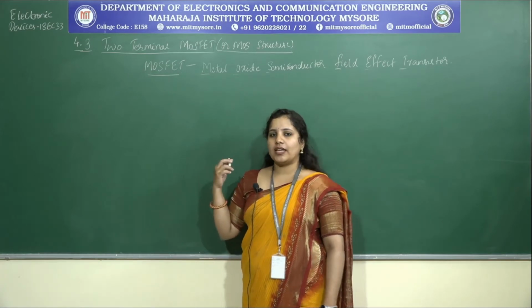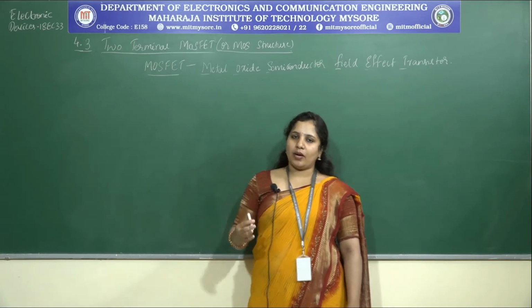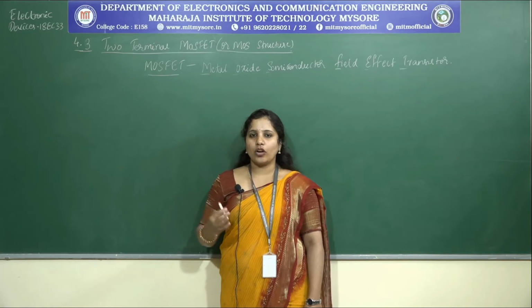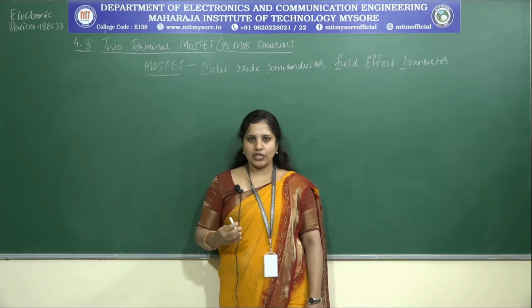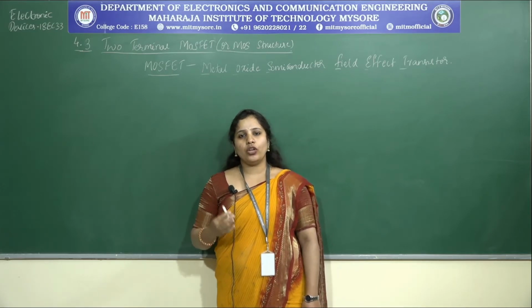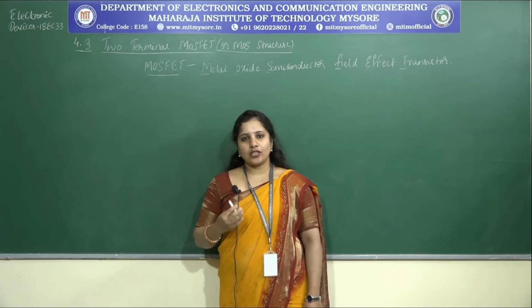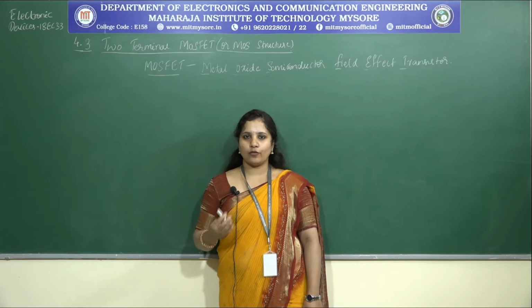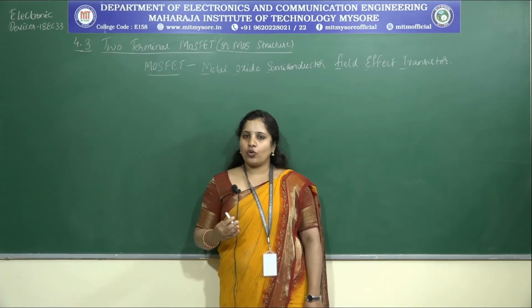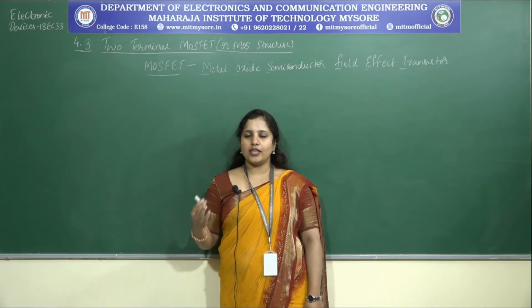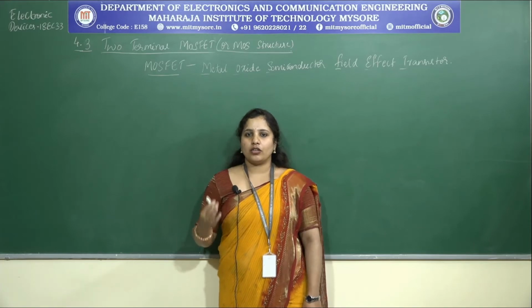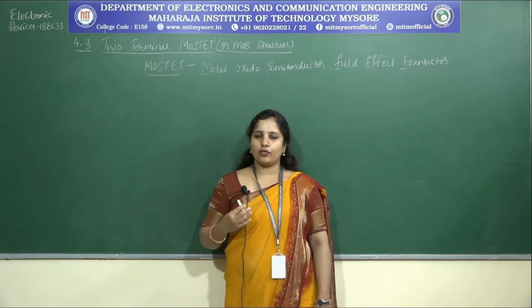Now it is time to understand the metal oxide semiconductor field effect transistor, which is one among the classifications of FETs. This is also a unipolar device. That means the majority charge carriers are responsible for the current flow in the device. It is either the holes or the electrons that are involved in the current flow.